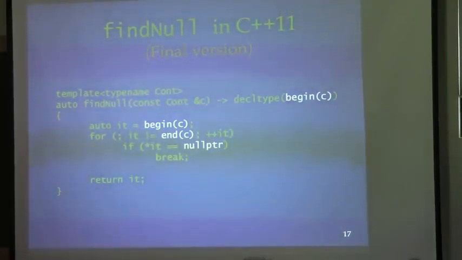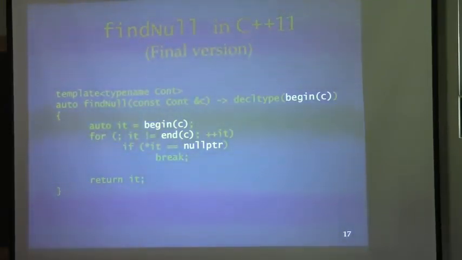Yes? You said the begin and end will work with native arrays. What about the iterator? Okay, so the question is, will non-member begin and end work with iterators? Why would you apply them to an iterator? Well, if this is a template and it's applied to a native array type, for instance, you're incrementing.